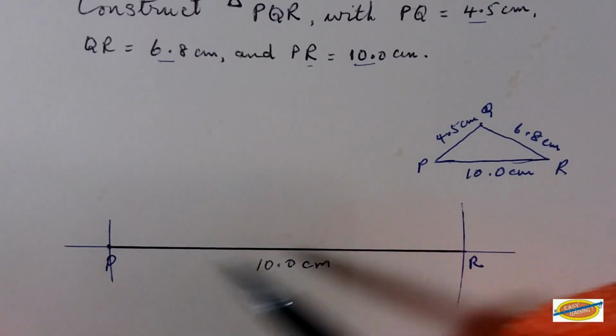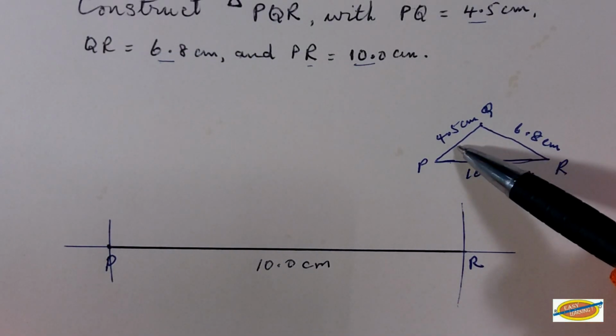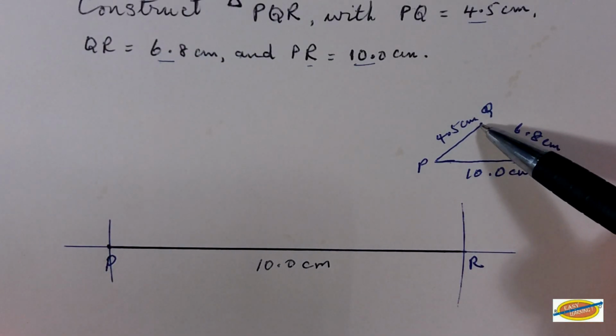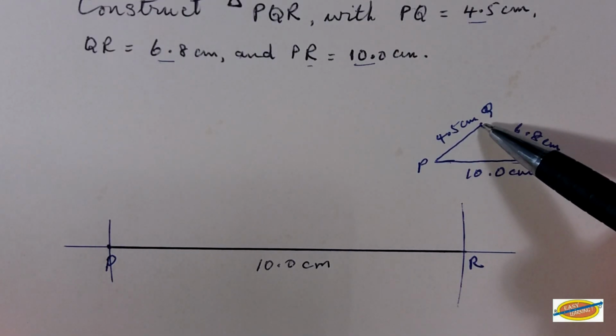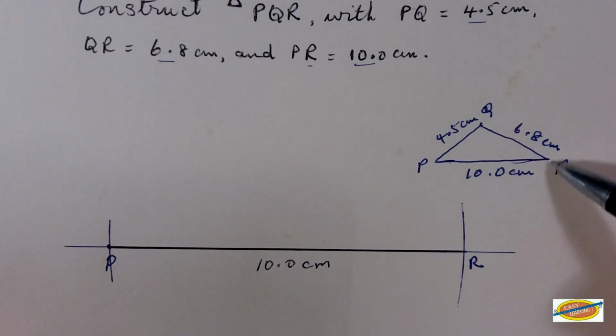Now from P, we need a point somewhere over here that would be 4.5 centimeters, and at the same time that point must also be from R 6.8.